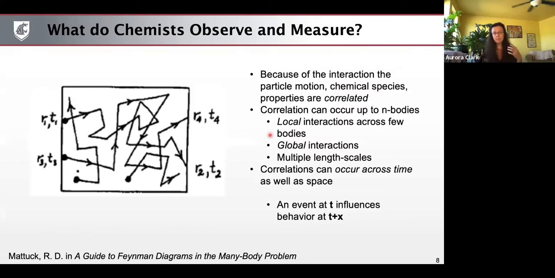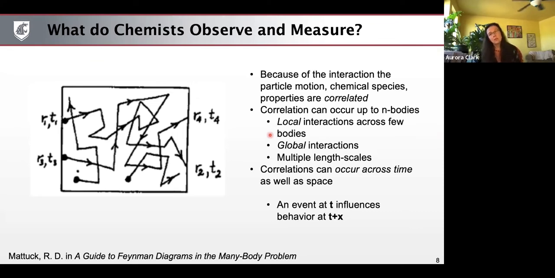This level of interaction can be at a local level, where just a few bodies or particles are involved in that correlation, or the entire system can be correlated. This can happen with phase phenomena like nucleation of ice, or in a phase transition when you form a gel or go from a liquid to a solid. And so these global interactions can occur across multiple length scales.